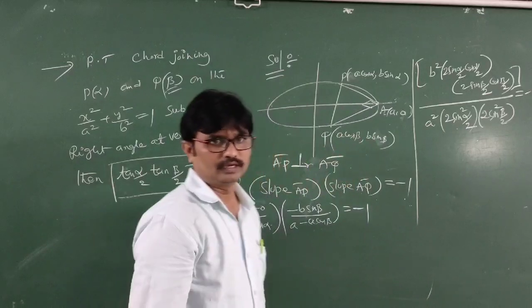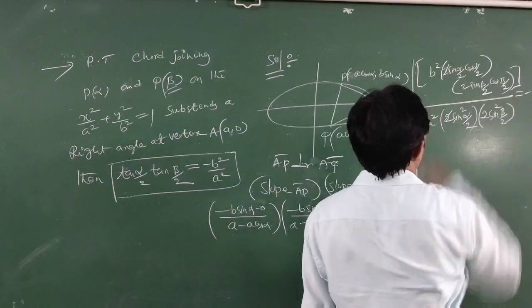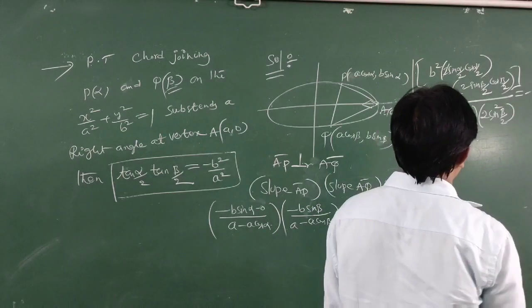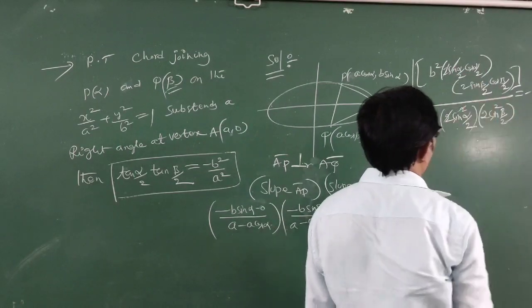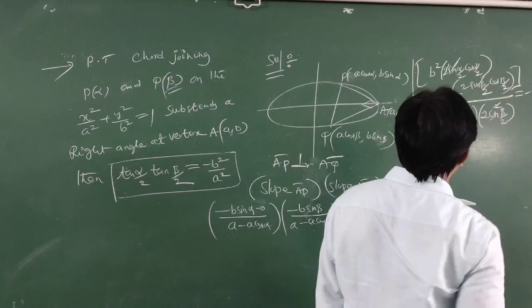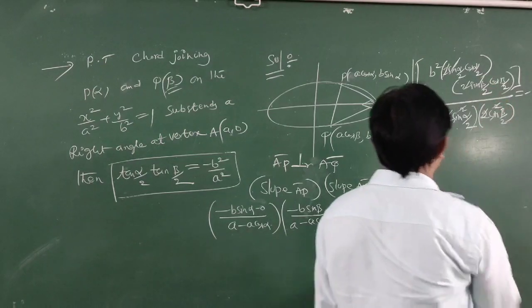This is minus 1. My dear students, what we observed here: the 2 cancels, one sin alpha cancels, and sin beta also cancels.